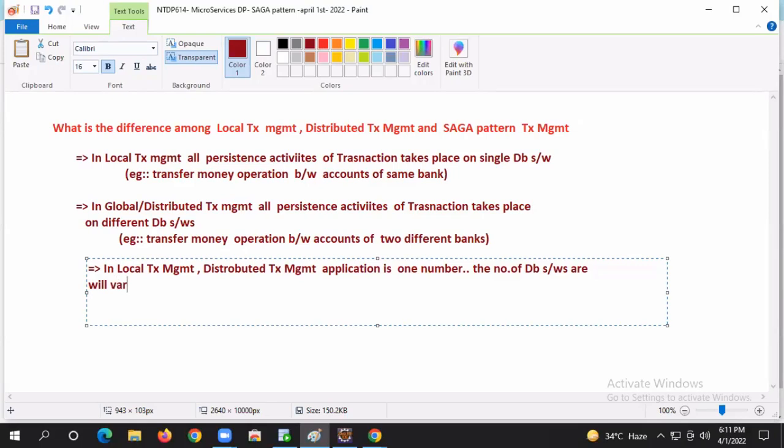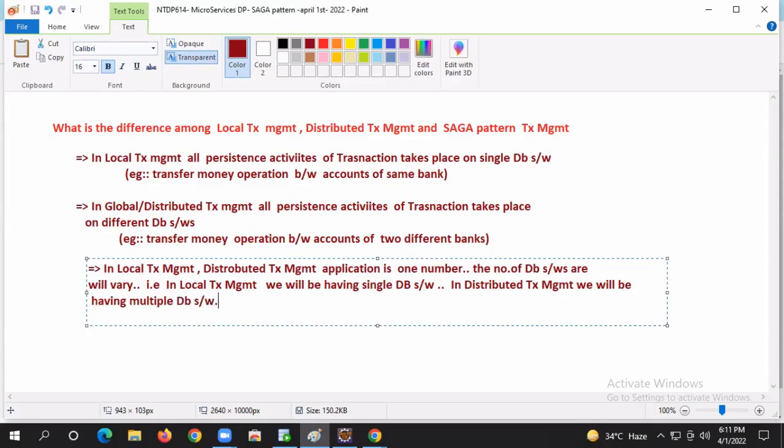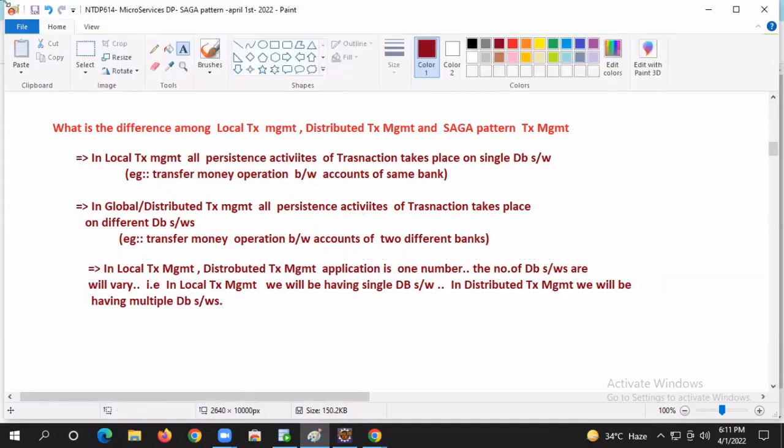That means in local transaction management, we will be having a single database software. In distributed transaction management, we will be having multiple database softwares, but the number of applications involved is only one. Are you realizing that point, guys?